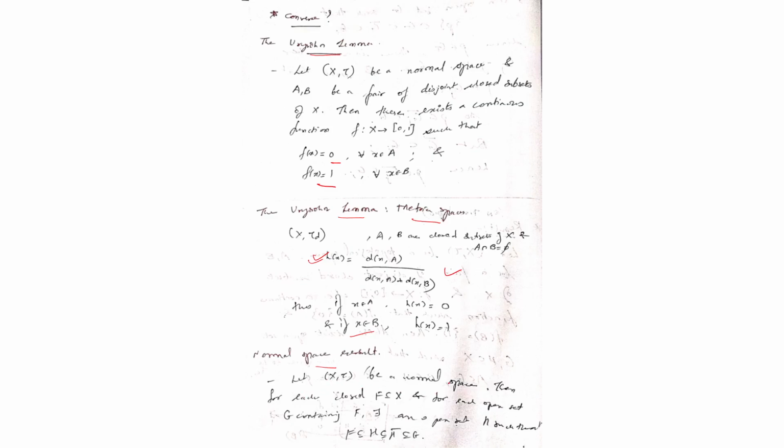Let (X, tau) be a normal space, then for each closed subset F of X and for each open set G containing F, there exists an open set H such that F is a subset of H, and the closure of H is a subset of G. Fine. So I hope it is clear. Shall we move to the next thing?